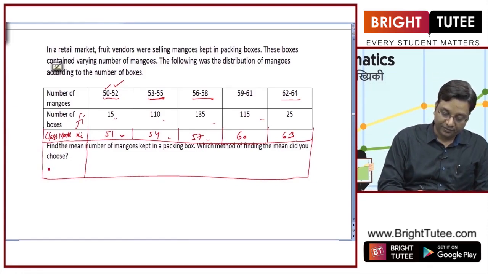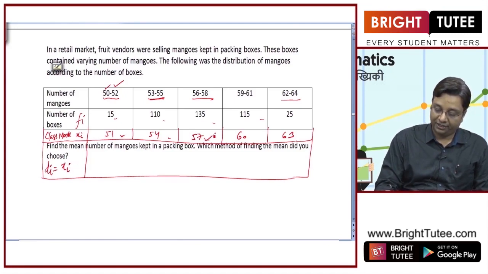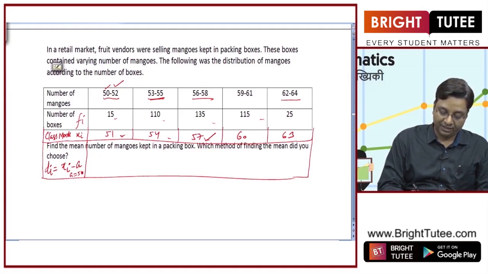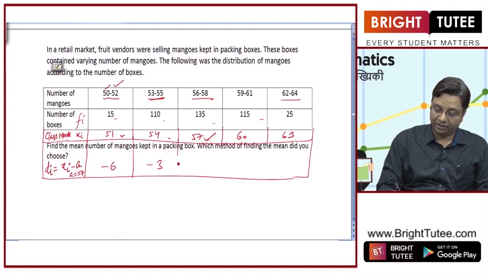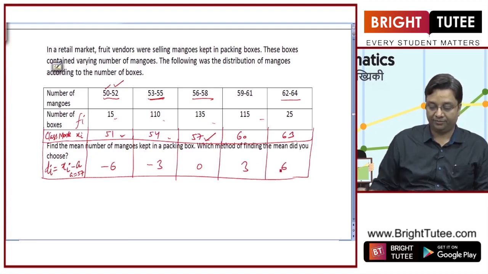it. So, if I calculate di by subtracting, let us say 57, let us assume 57 to be our mean. So, a, which is 57 in this case. So, if I subtract 57 from 51, it will give me minus 6, it will give me minus 3 here, 0, 3 here, and 6 here.